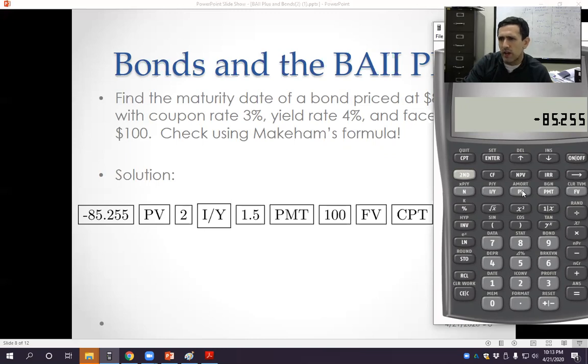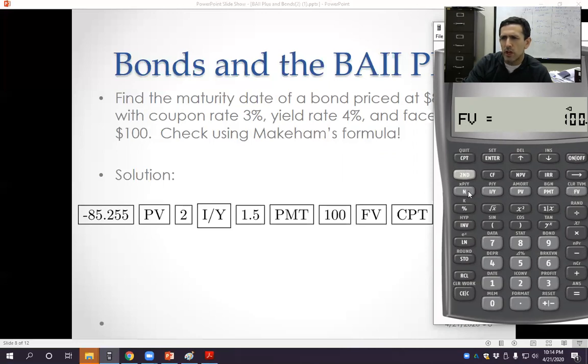So this is a present value. The price of any annuity is the present value. Everything else is just like before. 2 is the annuity interest rate, just the effective 6-month yield rate. Coupons are 100 times 0.015, which is $1.50. And we get 100 back at redemption.